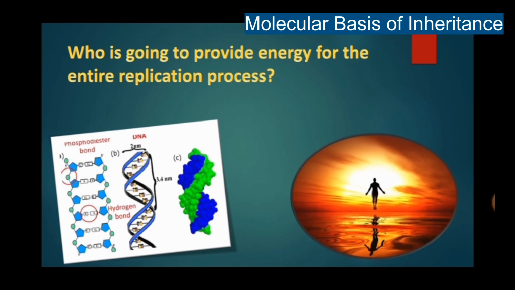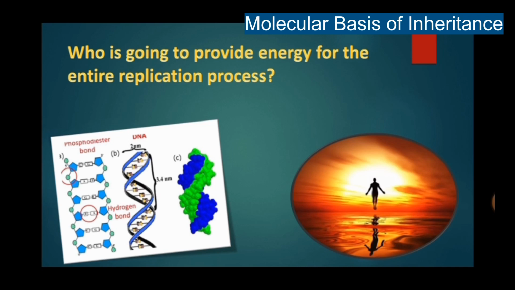Now, how do we join the nucleotides? Children, we saw that it is done by various types of bonds, right? The phosphodiester bond will join various nucleotides to form a polynucleotide. Now this bond formation, for the entire process, requires some energy, right?